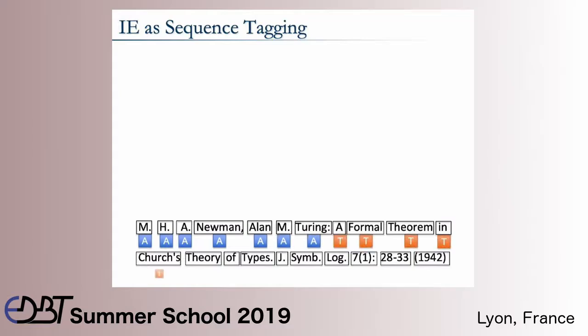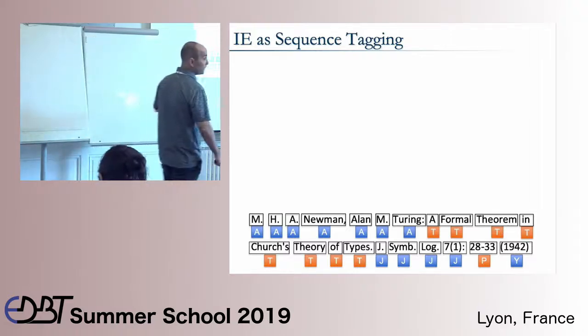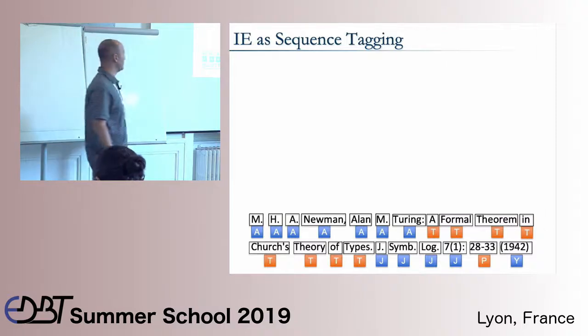You have a sentence or a citation in this case, which is just a sequence of tokens, and there are some labels attached to these tokens, and they can be labels saying these are author tokens, but they can be more specific, like this is the beginning of an author, this is the end of an author, this is in the middle of an author, and so on. And the problem is that these labels are hidden. You don't know them in advance. All you see is the text, and you're trying to make the best guess as to what these labels are. Okay, so this goes by the name of sequence tagging.